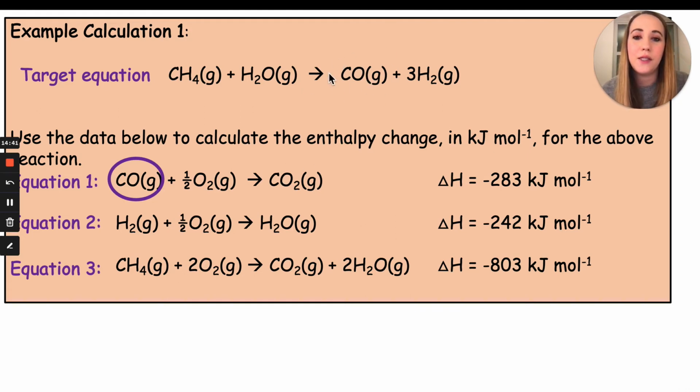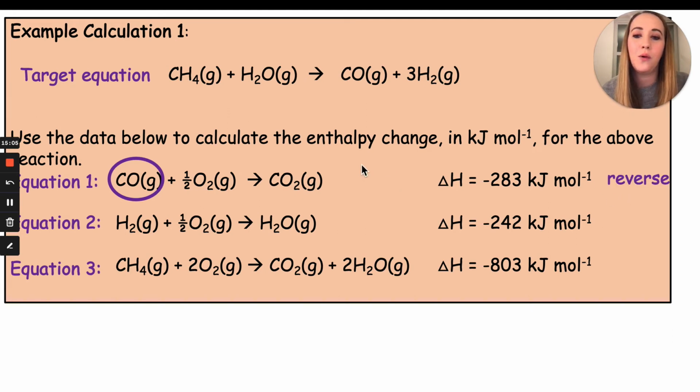But the CO in the target equation is on the product side, and we've got it in equation 1 on the reactant side. So what we're going to have to do with this equation is reverse it. We're going to have to flip the equation round so that we get the CO and the half O2 on the product side and the CO2 on the reactant side.